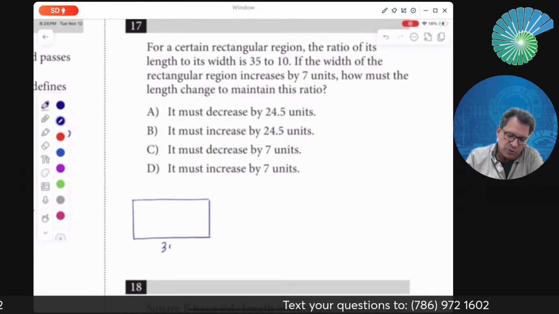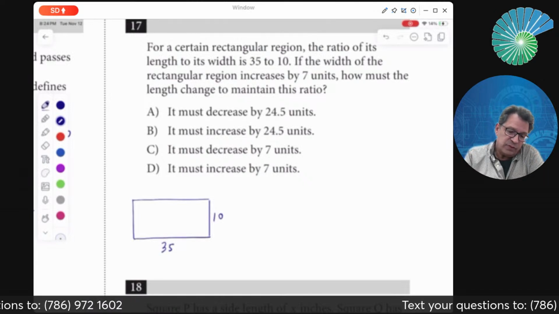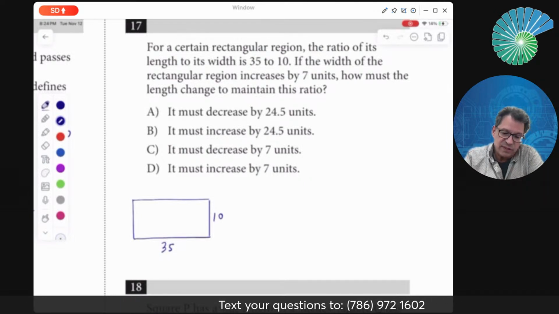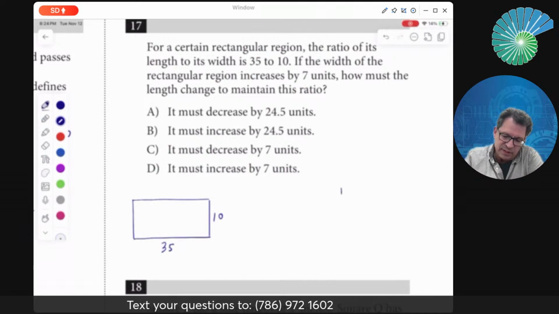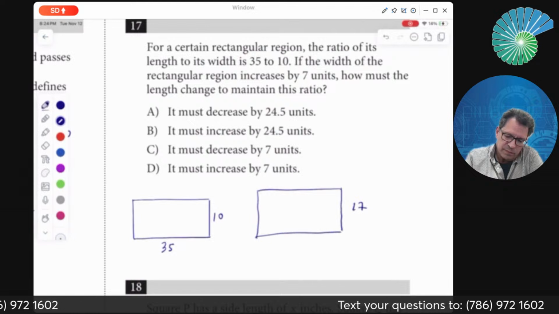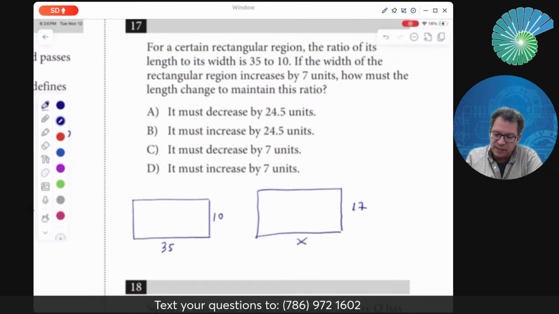So I can begin with those two numbers, length to height. If the width of the rectangular region increases by 7 units, that means it is now 17. How must the length change to maintain the ratio?